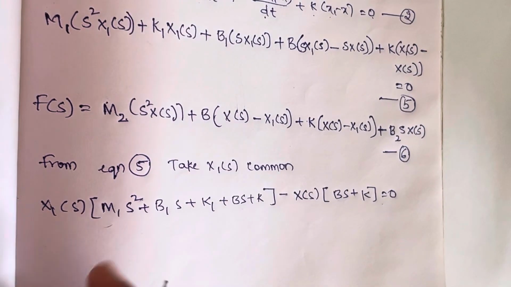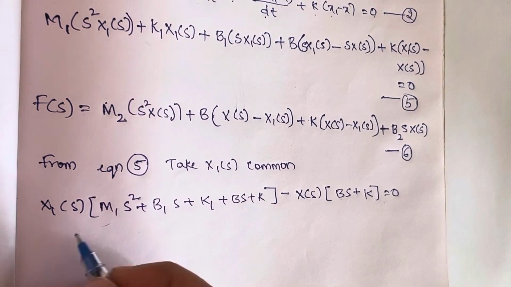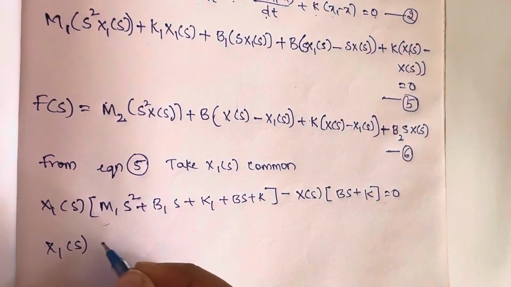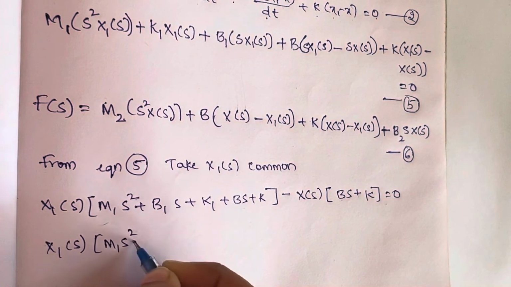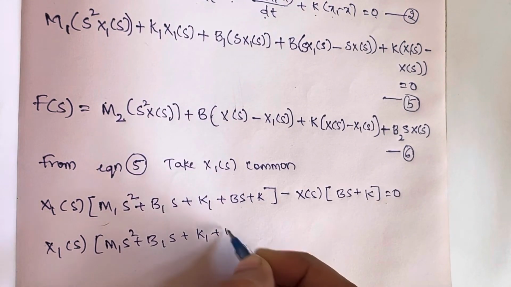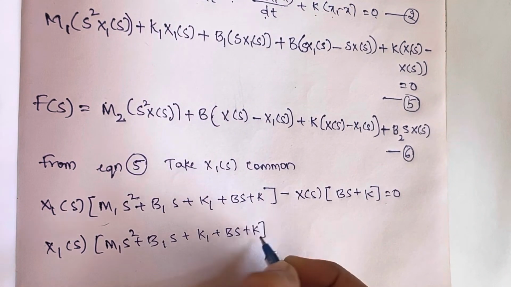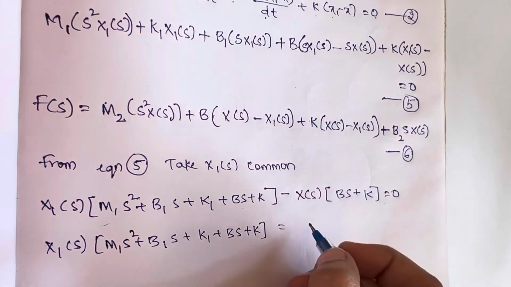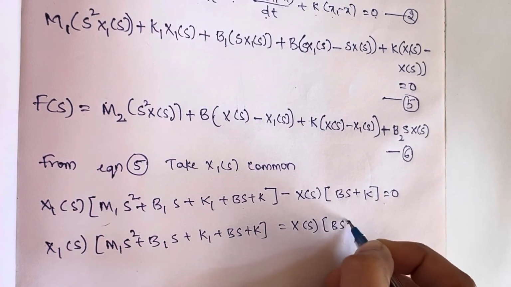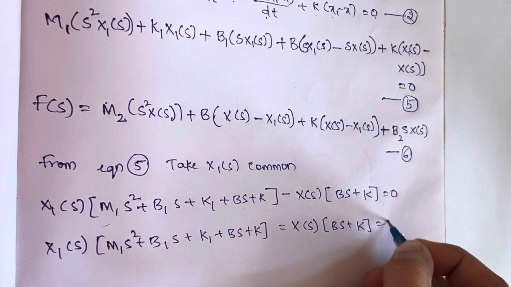So from here x1 of s into m1 s square plus b1 s plus k1 plus bs plus k equals, take this to the right side, x of s times bs plus k.